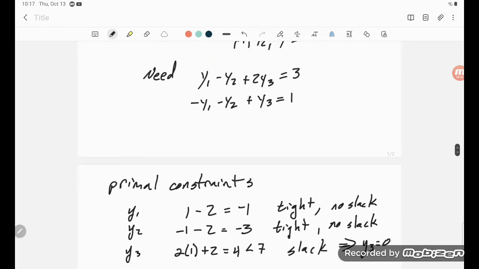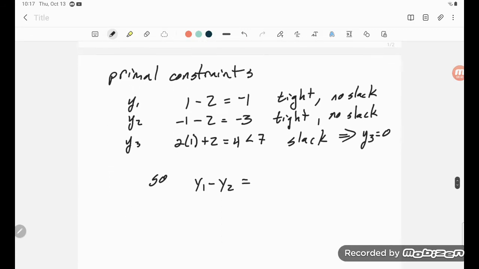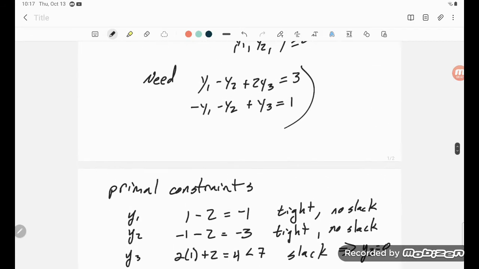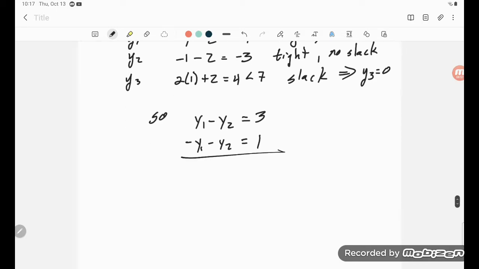Now going back to here, if y3 is 0, I have y1 minus y2 equals 3, and then negative y1 minus y2 is equal to 1. There are 2 equations and 2 unknowns. If I add those together, I get negative 2y2 is equal to 4. That says y2 would be negative 2.